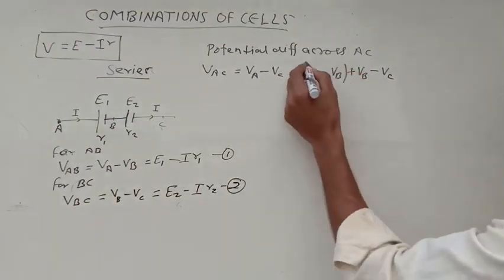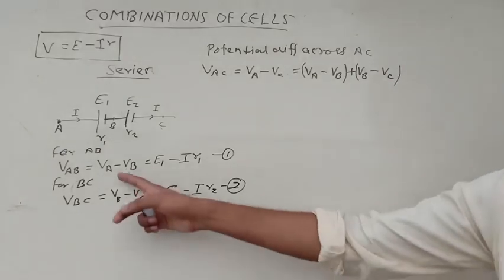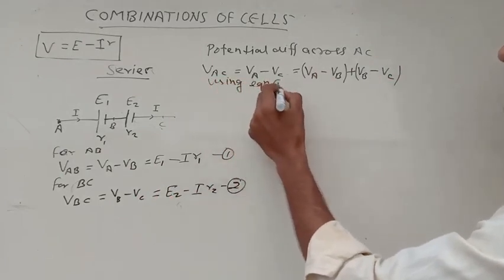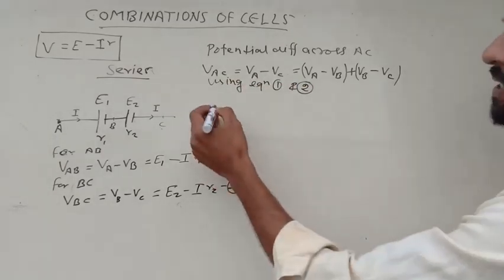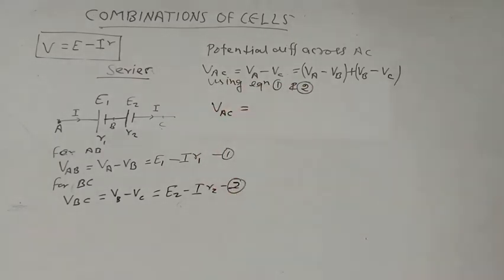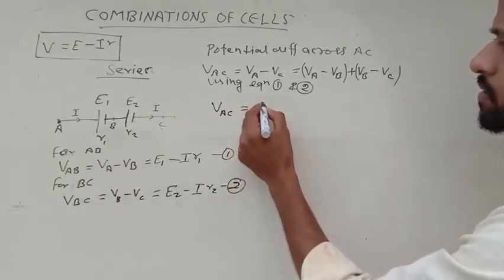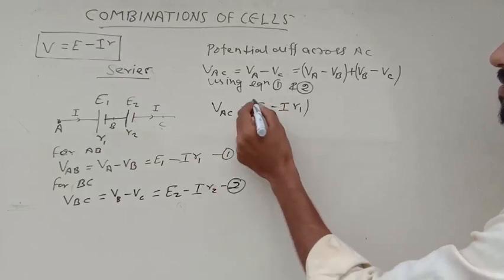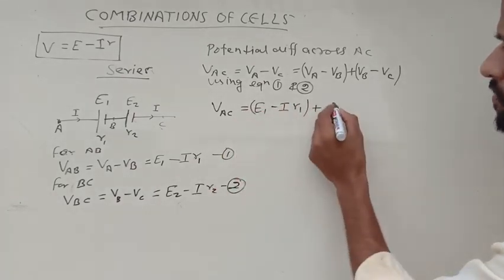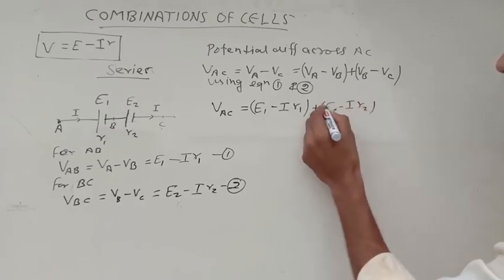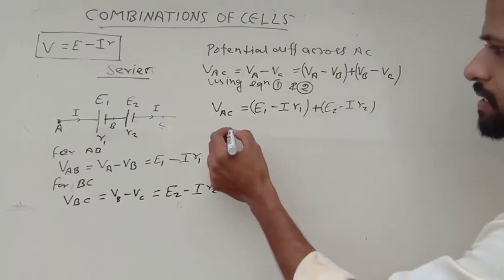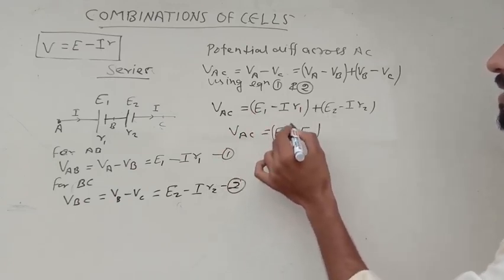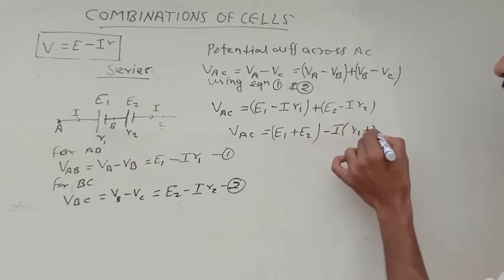Using equations 1 and 2, VAC is equal to VA minus VB, which is the EMF of the first cell minus I R1, plus VB minus VC, which is E2 minus I R2. So VAC is equal to E1 plus E2 minus I times R1 plus R2.